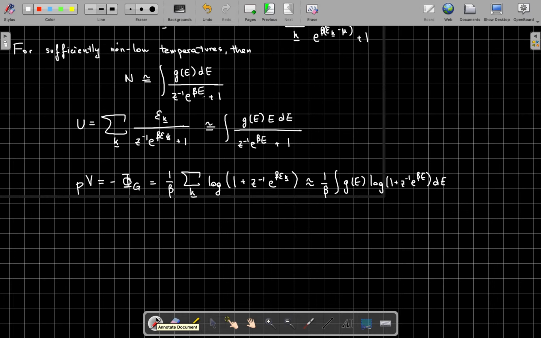And we can just plug in our density of states, which we found earlier. So let's do this, for example, with the average number of fermions.